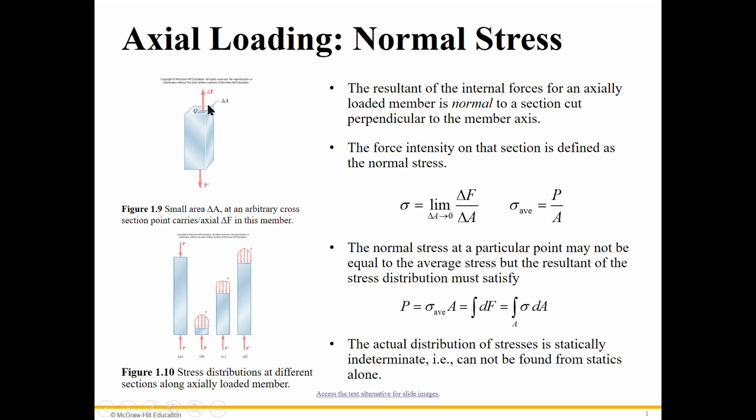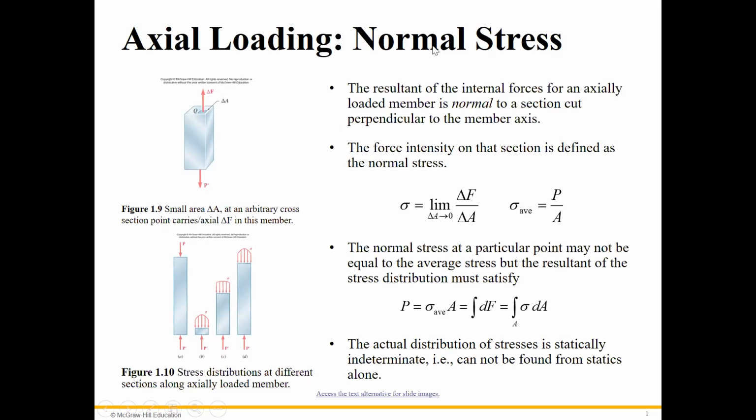If we divide the section into very small areas, maybe 100 or 1,000, then at each point we have a force, and then we can find the stress. But calculating the exact distribution of the force and the stress is very, very difficult.